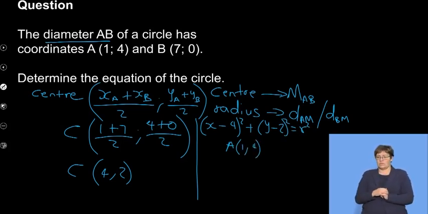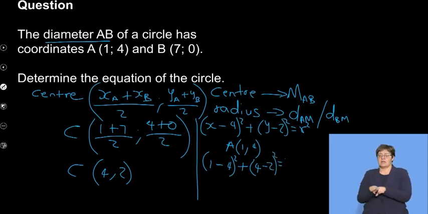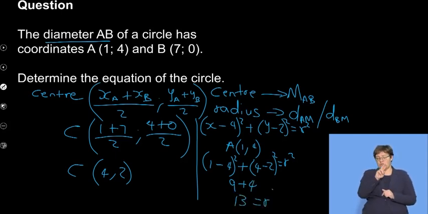So that will be 1 minus 4 all squared plus 4 minus 2 all squared, and this will give me my radius, right? So this will simply be 3 squared is 9, then 2 squared will be 4. So that means it's 9 plus 4, which will be 13, and that is equals to r squared.